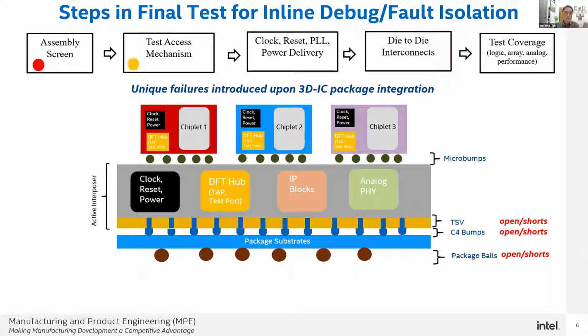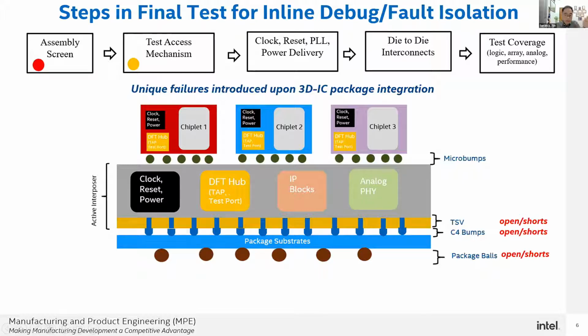The second thing is about test access mechanism, because the way you access the chiplets, the test access will be different between wafer and package. And you need to be able to access it to make sure that the test ports are alive before you do more complicated testing. Those are all the orange boxes that I represent in each of the chiplets.